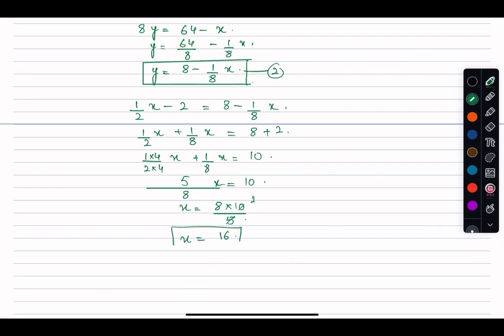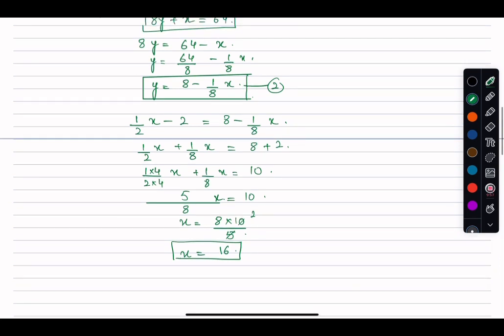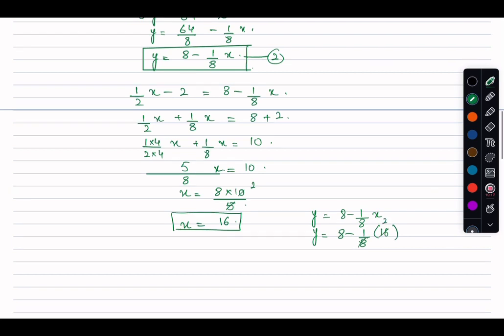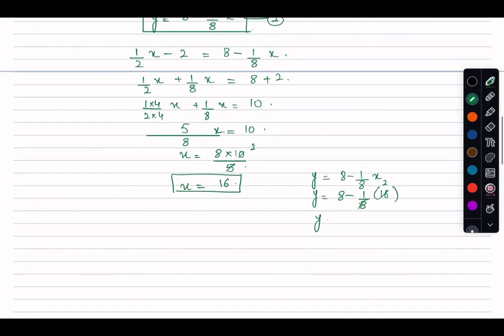So I have the x coordinate of C, which is going to be 16. Now to find my y, I can just substitute this in any of the equations. If I substitute this in equation 2, which says y is equal to 8 minus 1 by 8x, substituting this x value here, this becomes 8 minus 1 by 8 into 16, or I can say that this is going to be 6.